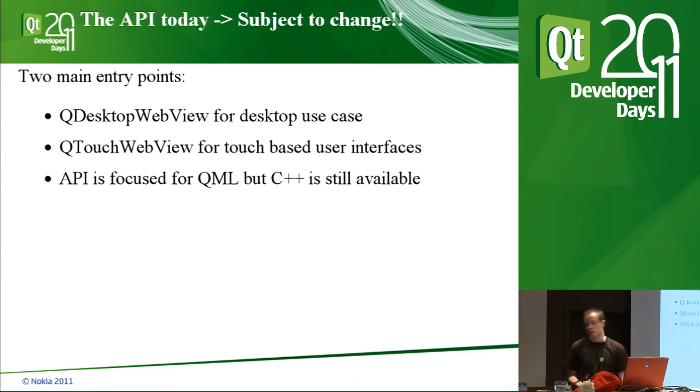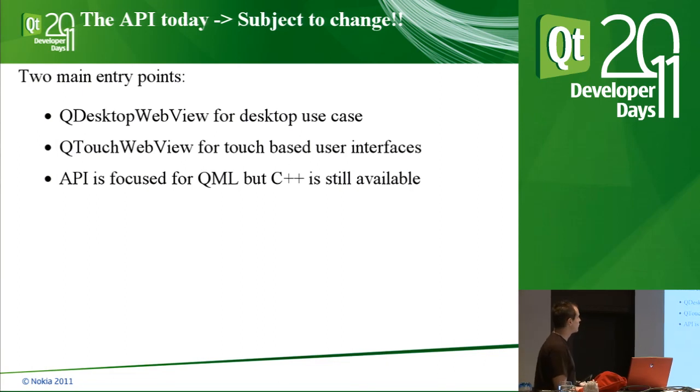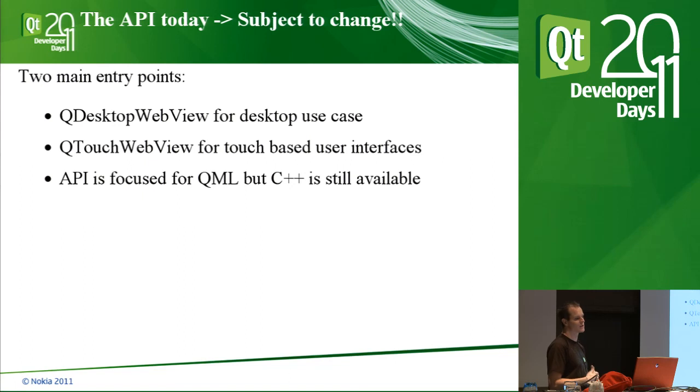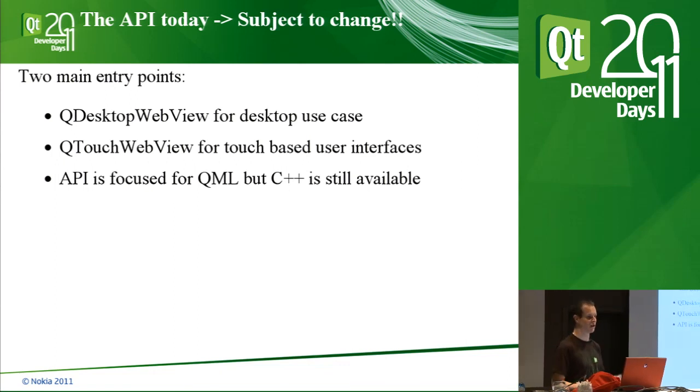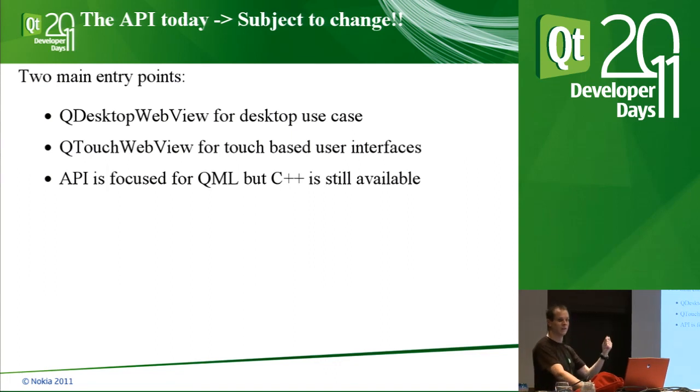The API today, which of course is subject to change because we are still working hard on it, but we decided to split the API into two use cases, the desktop one and the touch one. Why? Because, for instance, on the Qt desktop we found out that having one view makes code very complicated, especially when you need to handle the touch stuff.